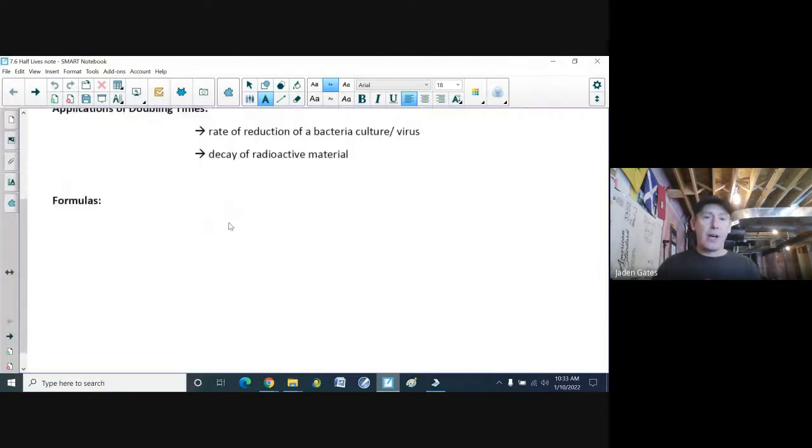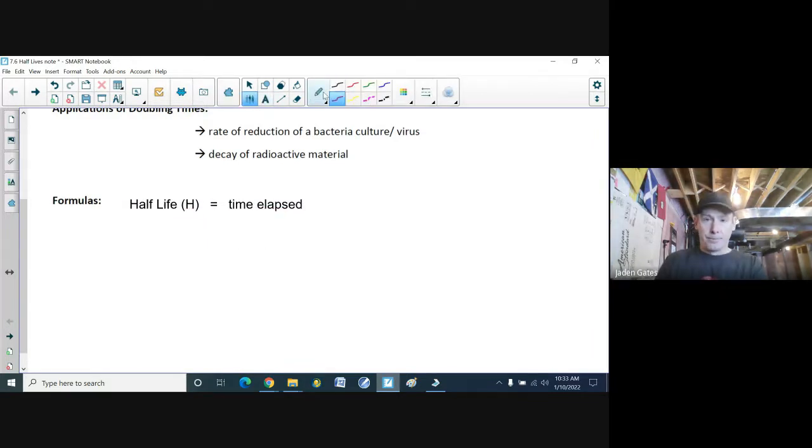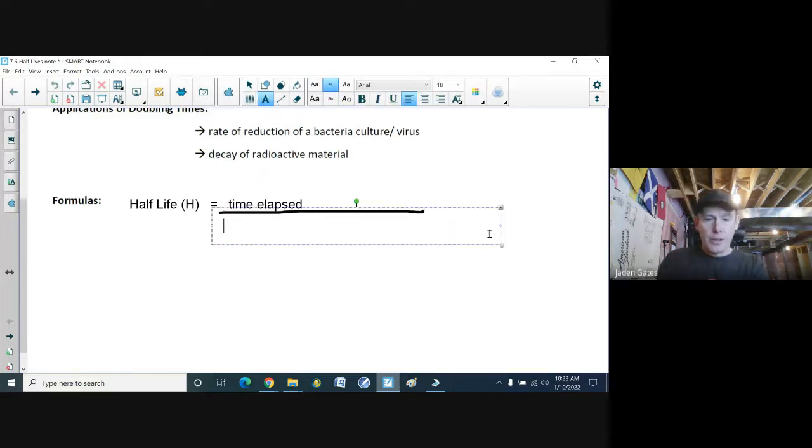Now, again, we have a couple of formulas, just like we did before, and they are going to look very, very similar. Because the first thing is, when you're looking at the half-life of something, of a quantity, which again I'm just going to use a big capital H to represent it, you're going to take the time elapsed and divide it by the number of times the quantity that you were talking about halved.